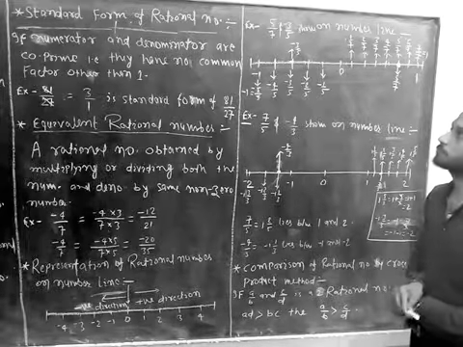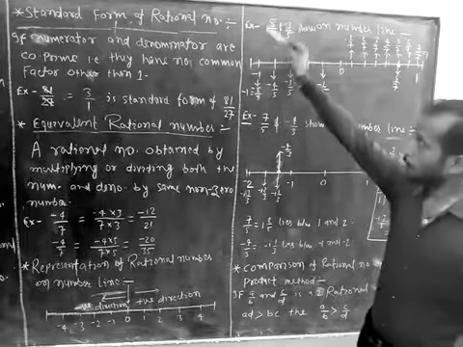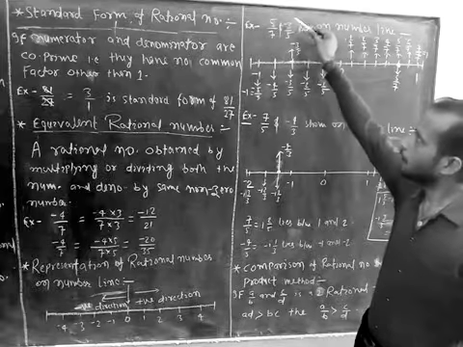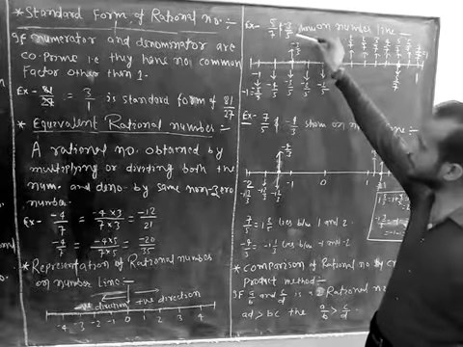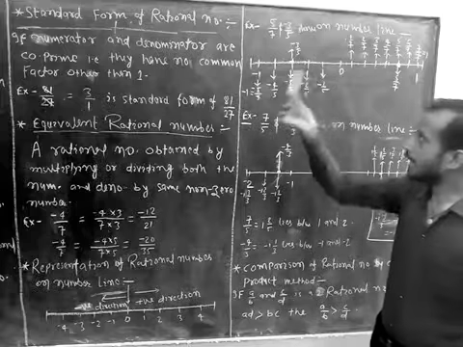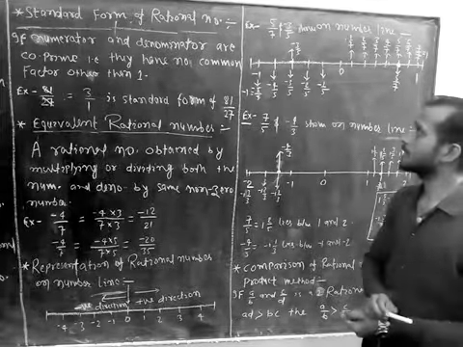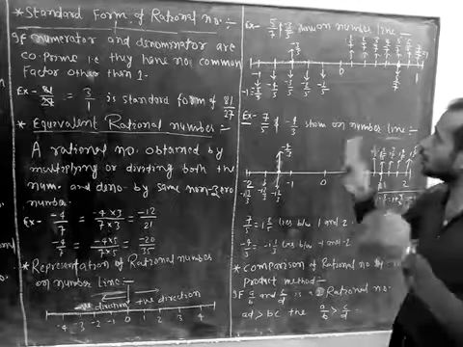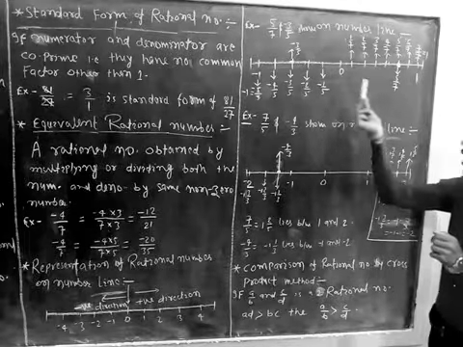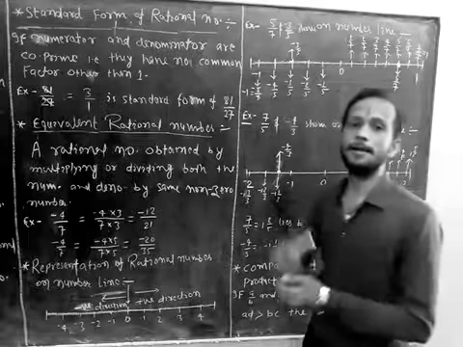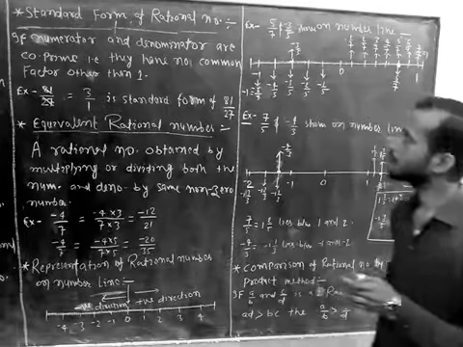Again, when the numerator is less than the denominator, then the rational number always lies between 0 and 1 or 0 and minus 1. Clear?